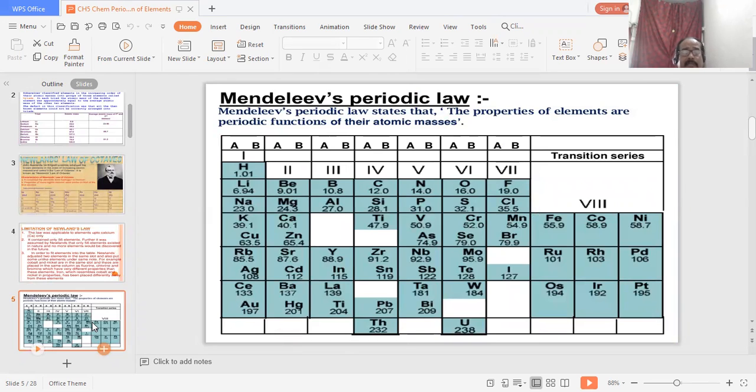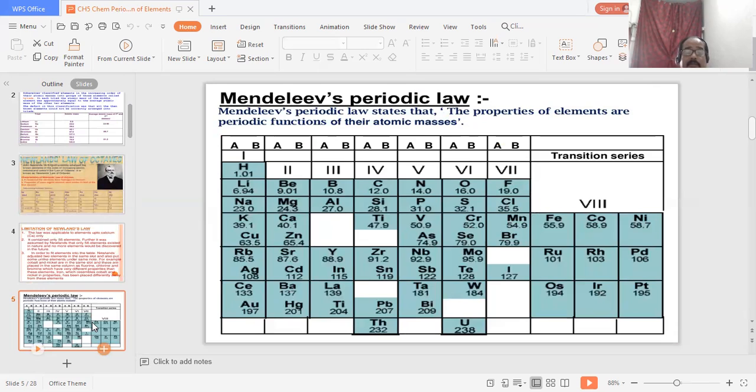He is also the father of the periodic table, the first person who arranged all the elements and represented a periodic table.